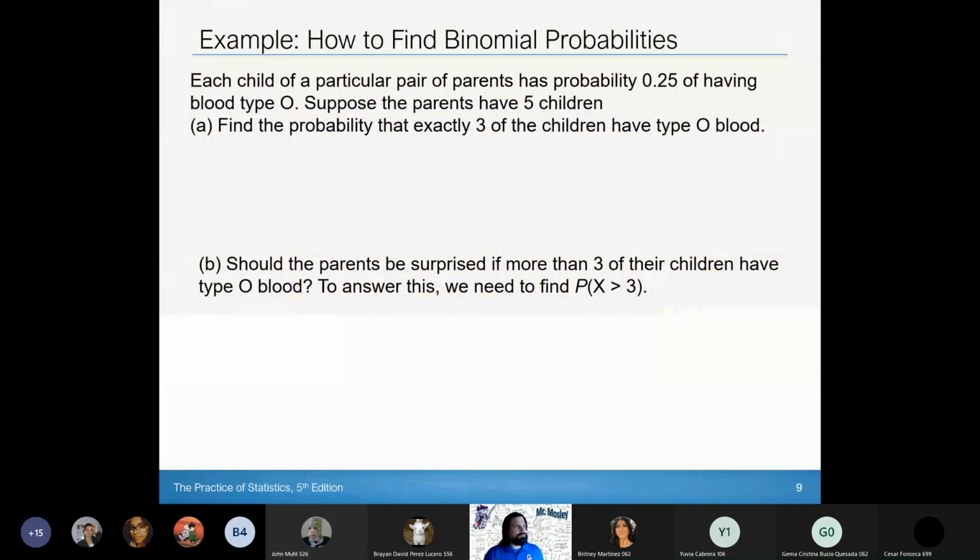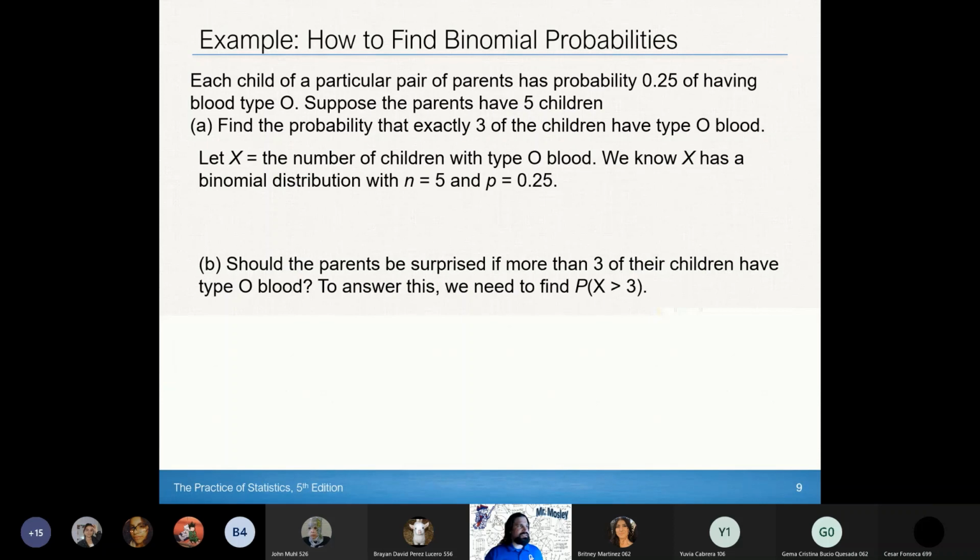So now, finding binomial probabilities. Same context as before, except now we want to find the probability that exactly 3 of the children have type O blood. X will be the number of children with type O blood. We know X has a binomial distribution with n equals 5 and P equals 0.25. So again, I'm labeling and identifying the things I'm going to use.